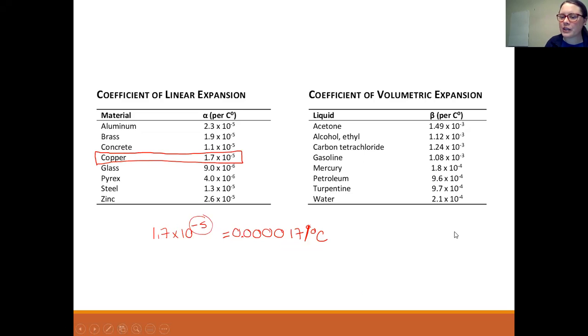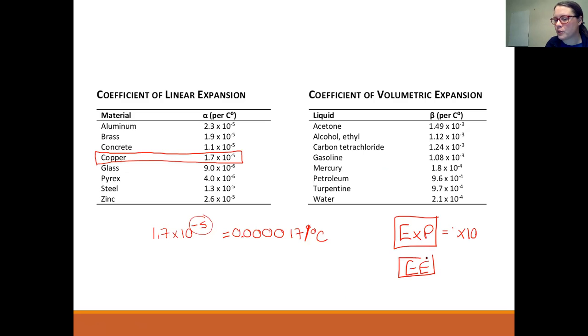What I will say right now, if you're looking for how do I put it in your calculator, look for the EXP button. That EXP button is equal to times 10, the times 10 part, okay? It could also be EE.